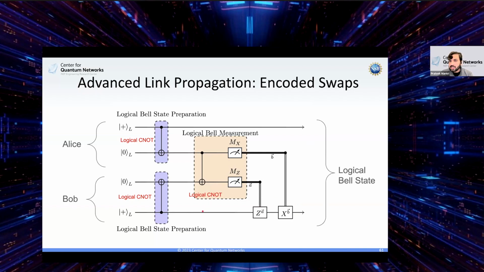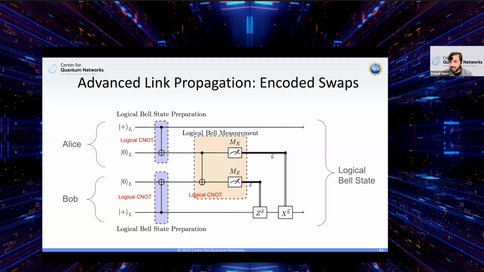Now, these logical CNOTs are not the most trivial thing to do. It depends a lot on the code that you are using. We also have access to some nice kinds of encoding schemes. The CSS codes, for example, allow for transversal CNOTs, which is basically qubit by qubit CNOT operations that we can do.